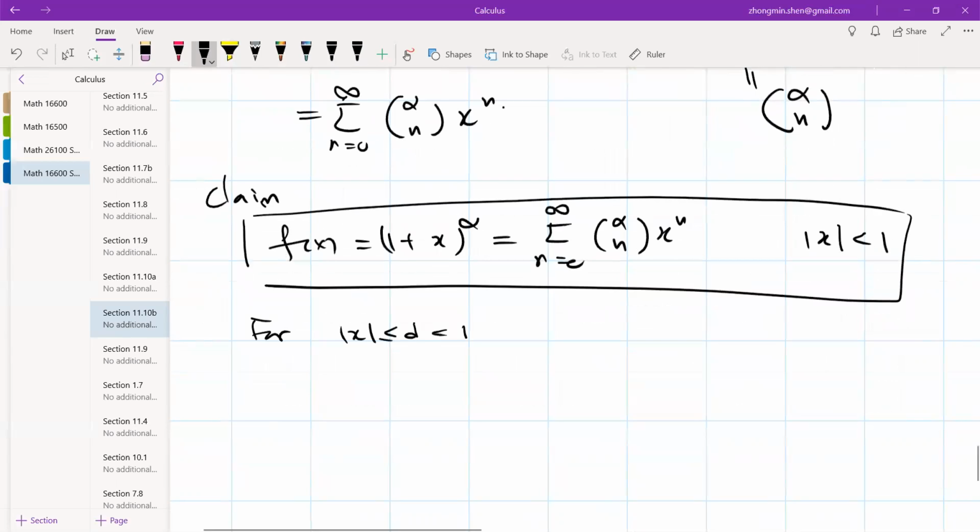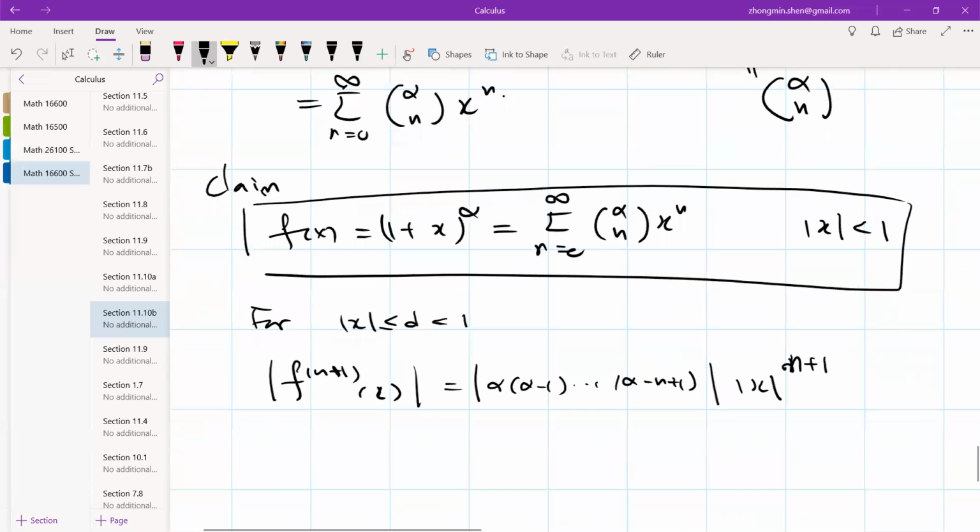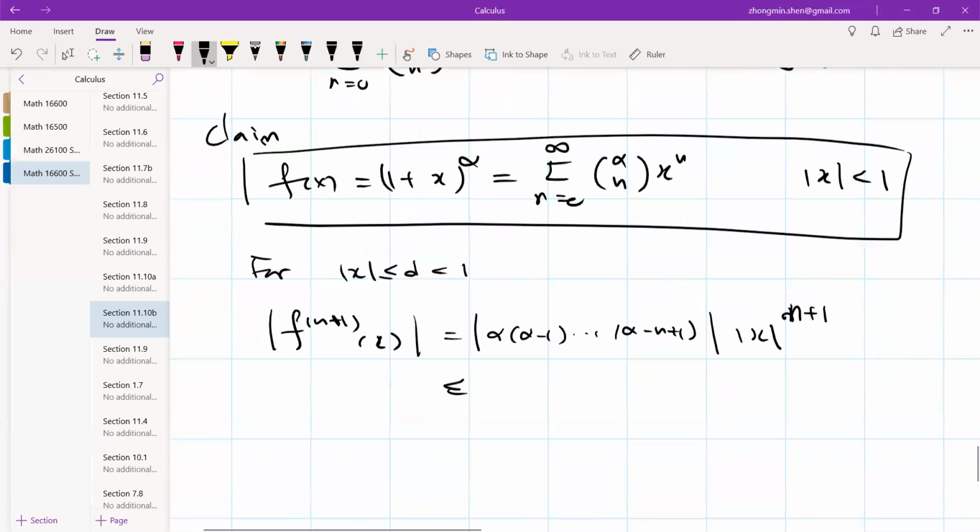Then look at f^(n+1)(x). This is going to be the absolute value of alpha times alpha minus 1 up to alpha minus n, and this is going to be less than or equal to something.